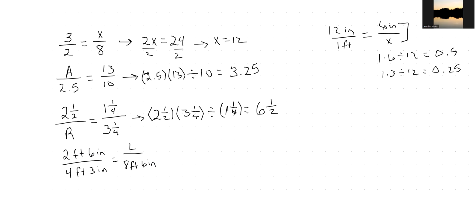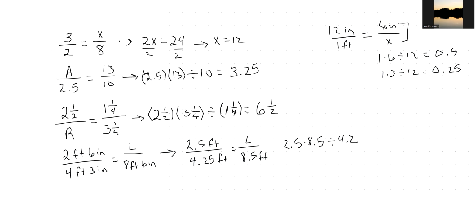So now that we have this, I am going to rewrite this as 2.5 feet over 4.25 feet is equal to L over 8.5 feet. And now we can do the cross multiplication and divides. So 2.5 times 8.5 divided by 4.25.